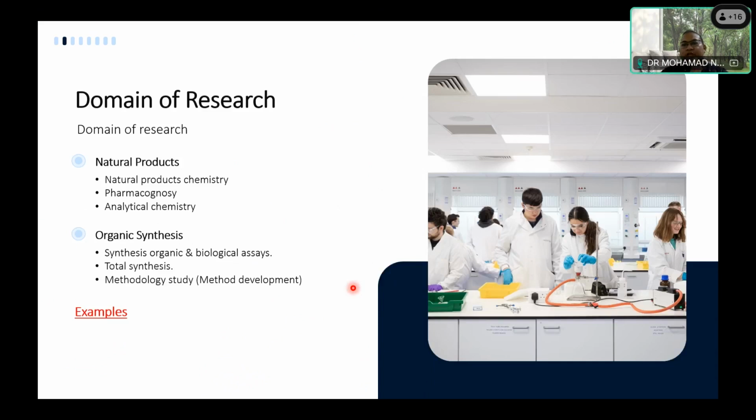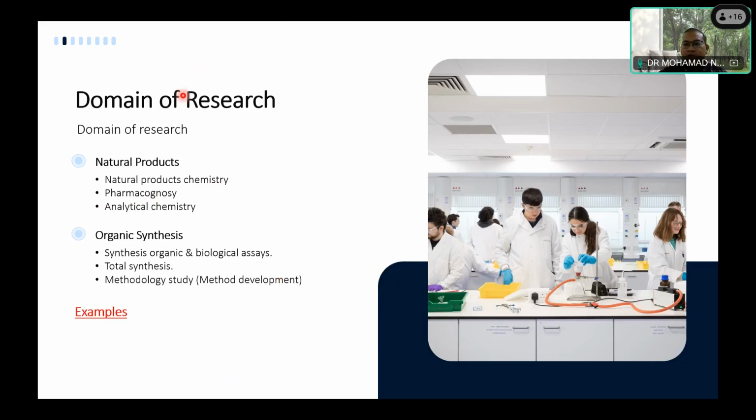As we know, in our research domains, we have two things. The first one is natural products, which covers natural product chemistry. We will see what Solihin, Ibrahim, Tahir, and also Idris are doing along the way in their research journey.